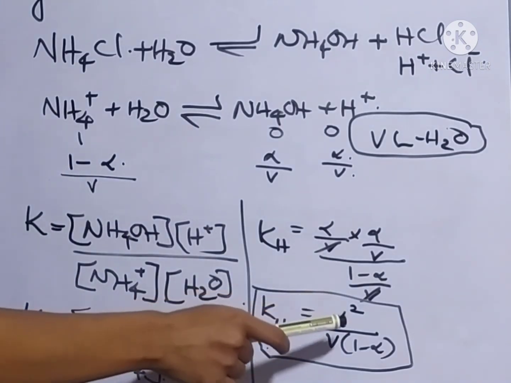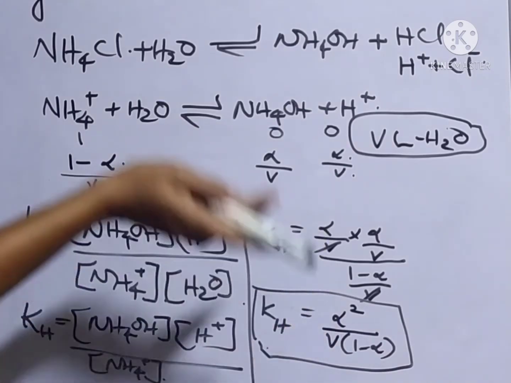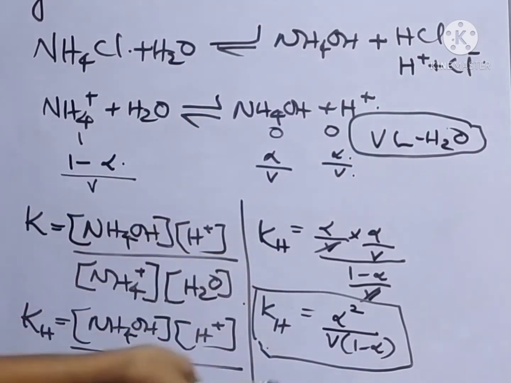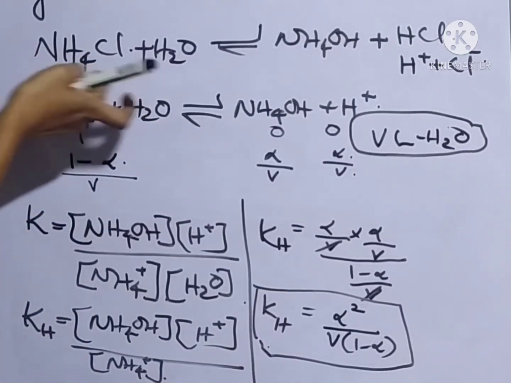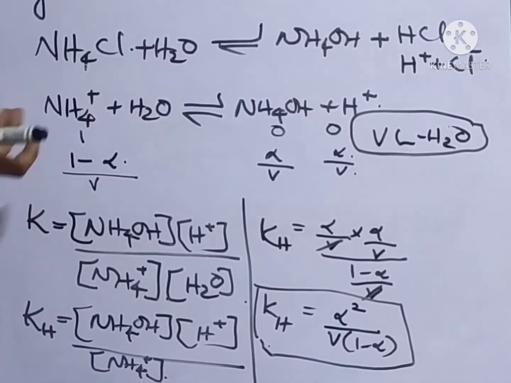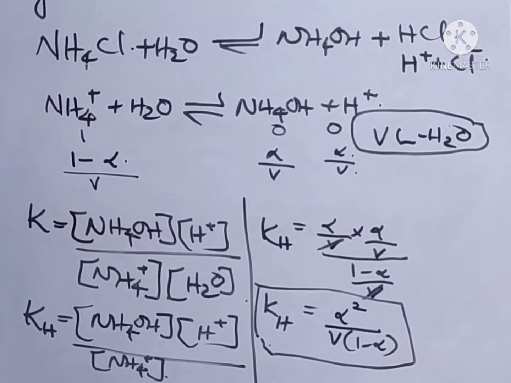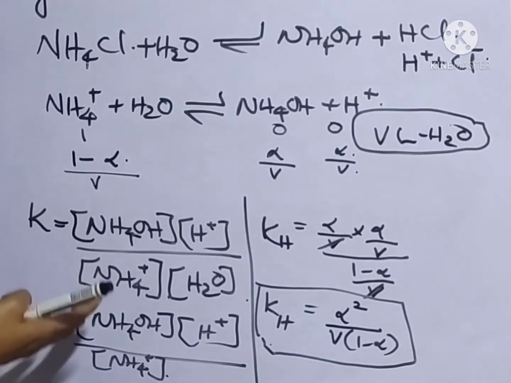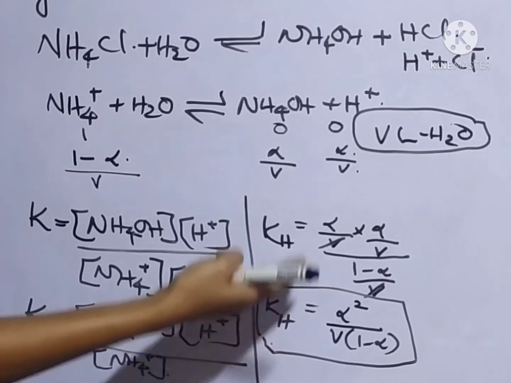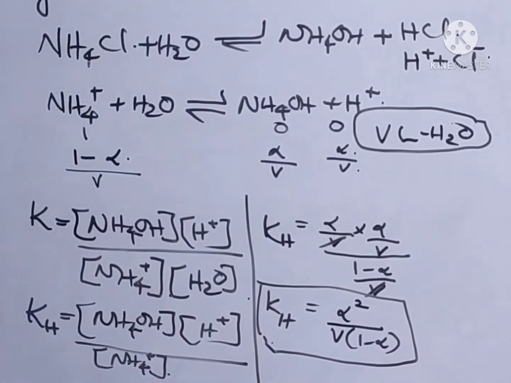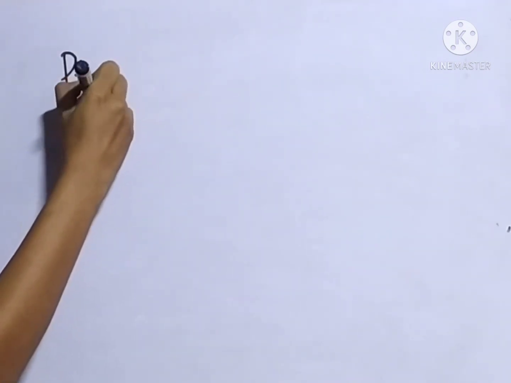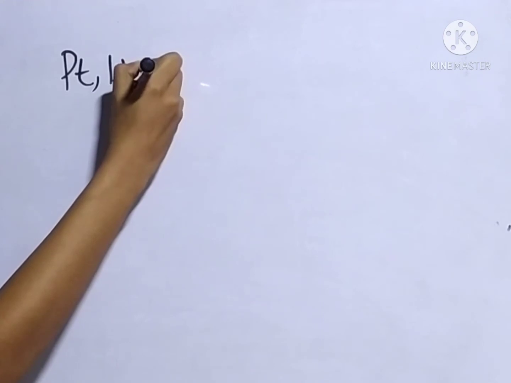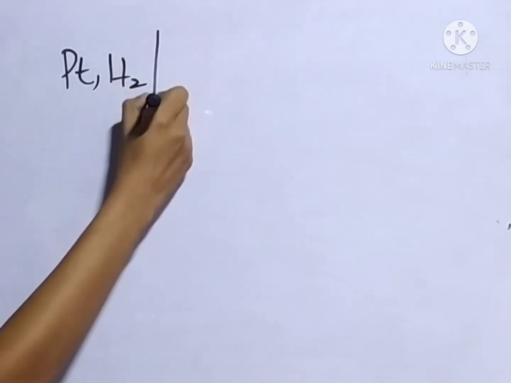The degree of dissociation value can be calculated by constructing a cell using the aqueous solution of the same salt as an electrolyte. So let's go to the details of the calculation of the degree of dissociation using the cell reaction. Here I am going to construct a cell like this: platinum, H2 gas, and a salt solution.